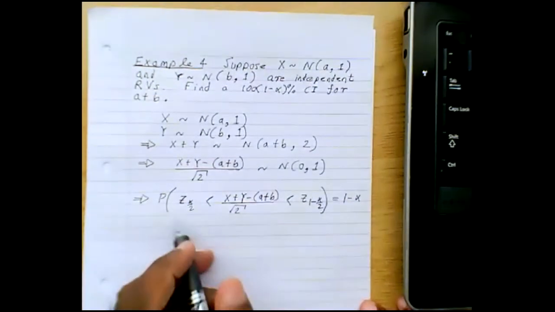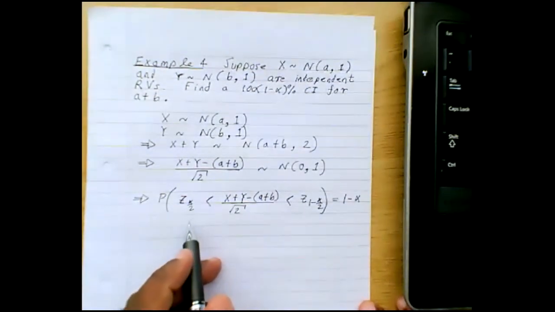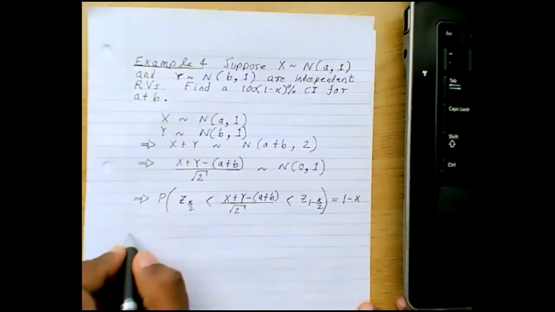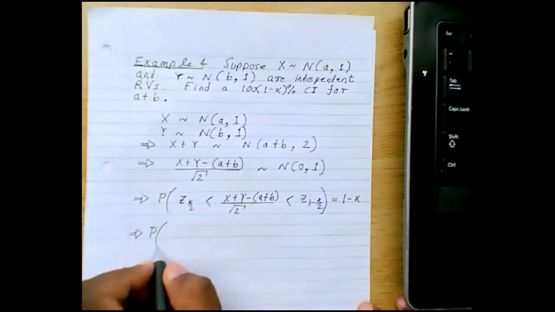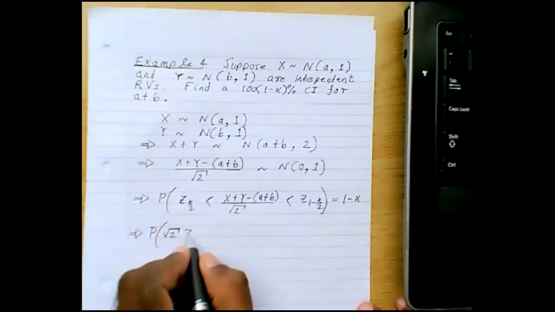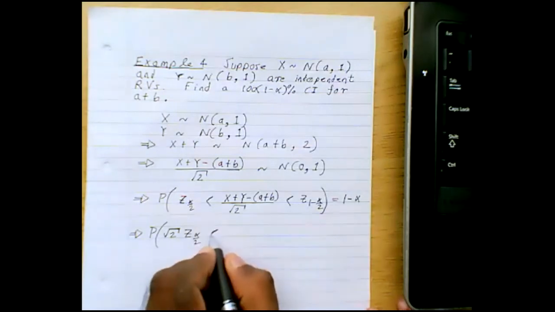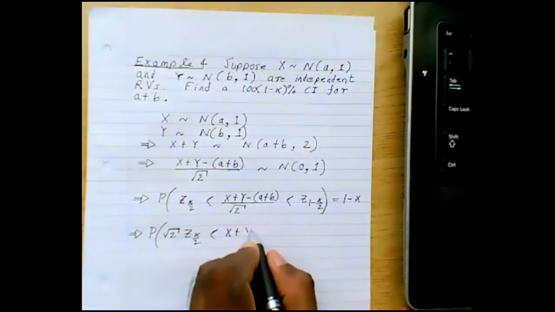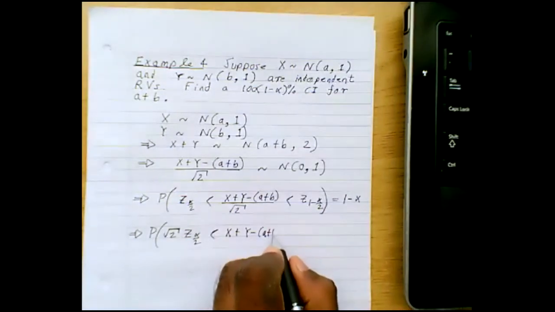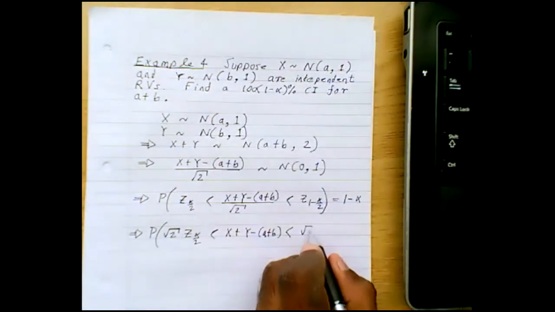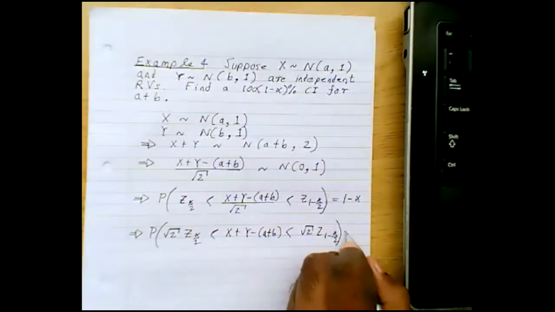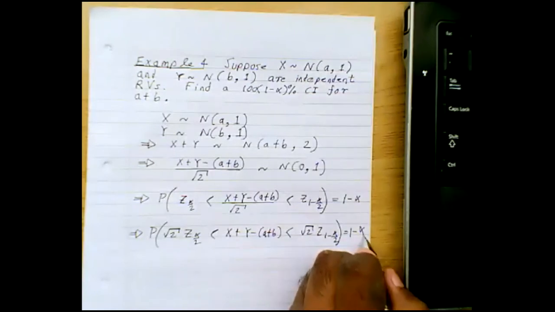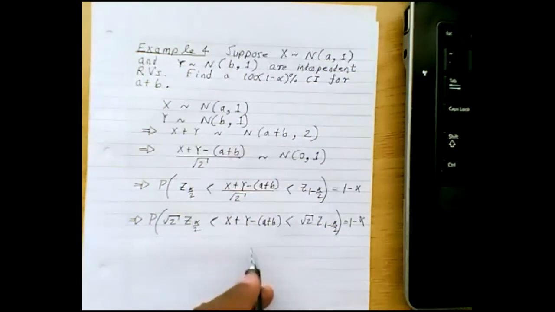Okay, guys. Now I'm gonna rewrite this as a statement on a plus b. So the first thing I'm gonna do is multiply everything by root of 2. And the next thing I'm gonna do is take away the x plus y.